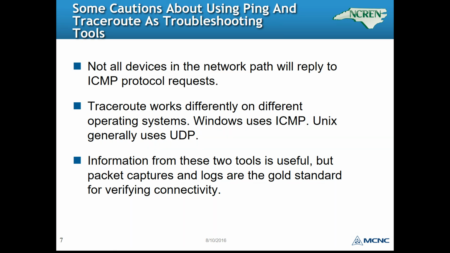The other thing I would point out is, beyond just being able to turn ICMP reply on and off, on some devices it's given a lower priority than traffic processing. So there may be times where it will skip replying to pings if it's busy doing other stuff.